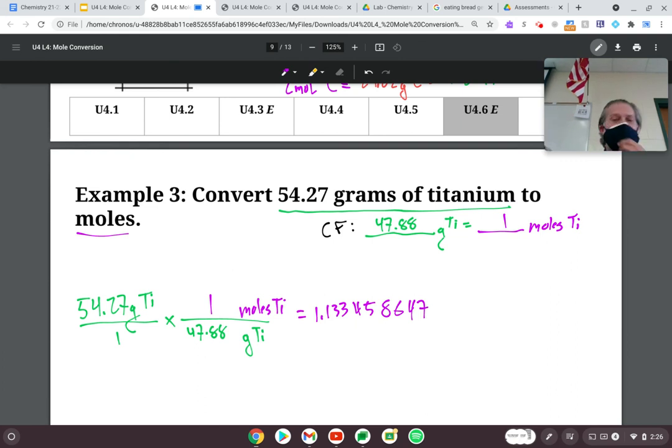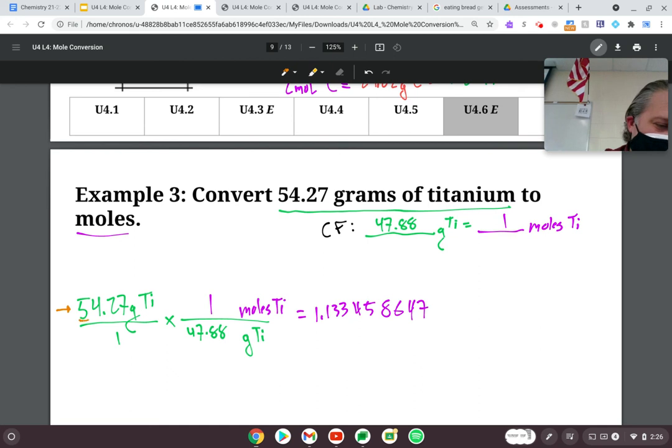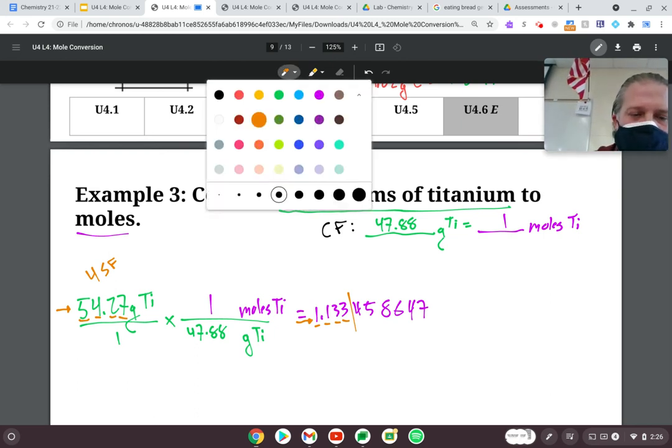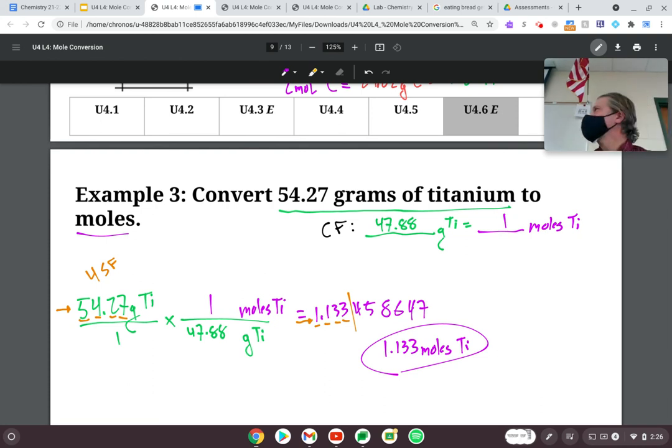We have to assess significant figures. I count 1, 2, 3, 4, so I have 4 sig figs here. I'm going to do the same thing to my answer: 1, 2, 3, 4. Draw a line. That 4 cannot round the 3 up. So my value is going to be 1.133 moles of titanium. Questions?